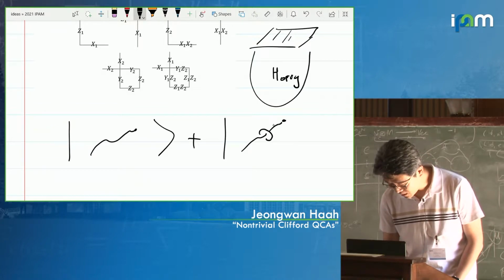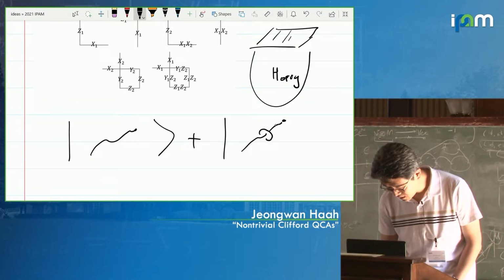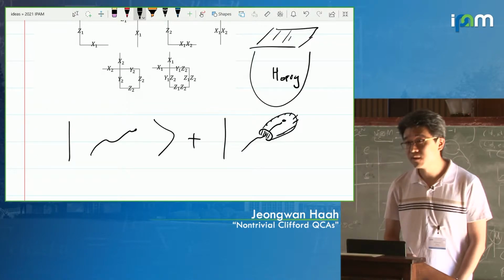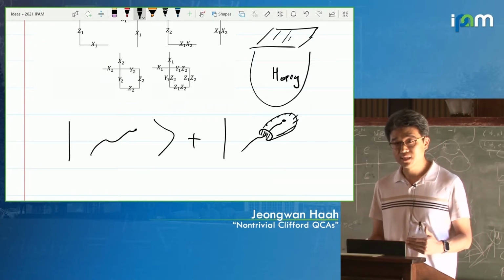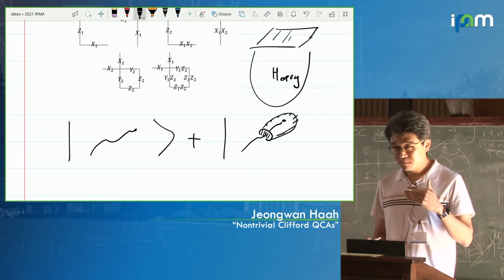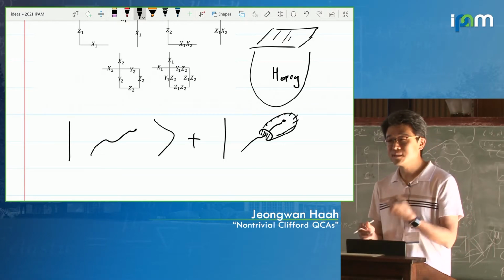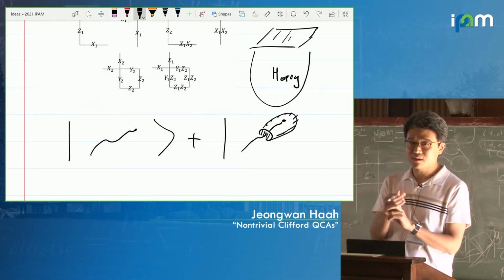And this configuration can be implemented by some plaquette operator acting there or acting there. But since the string is terminated and my input modular tensor category is non-degenerate, in other words, the presence of a world line can be detected by some other anyon.